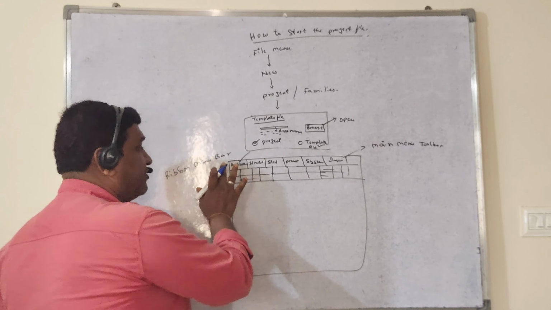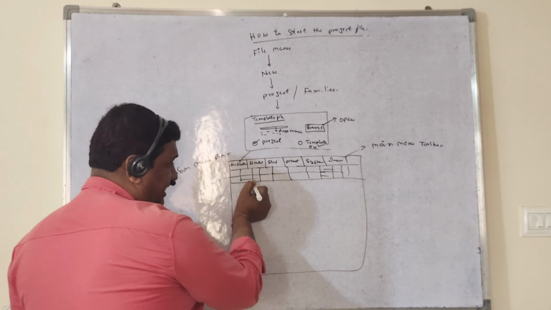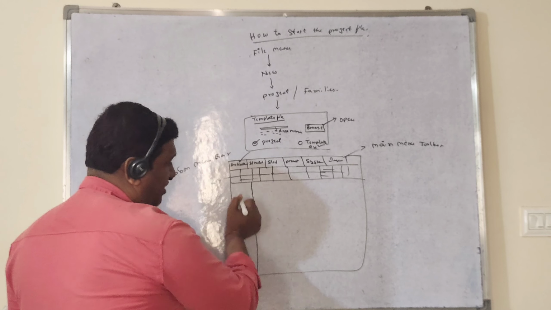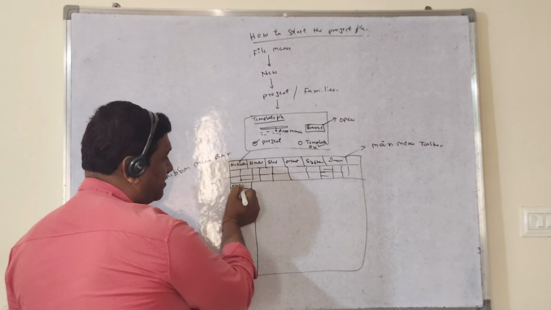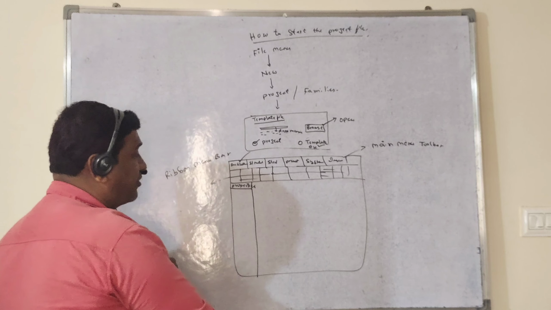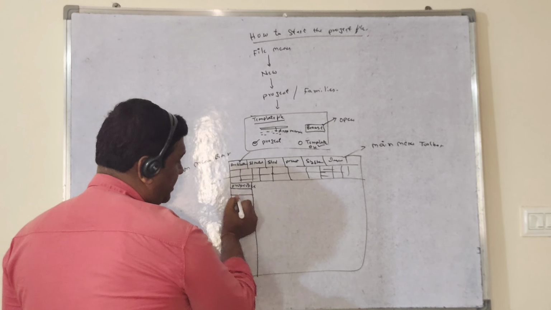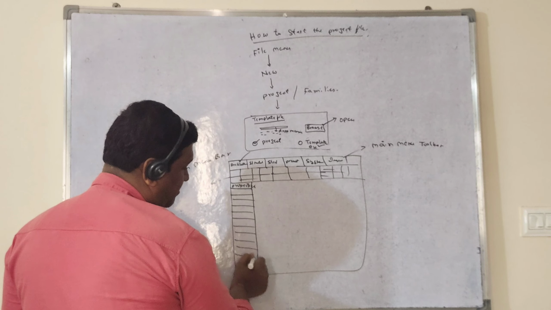Okay, so the menu bar and the ribbon menu bar, these are two. And on the right side you will find one toolbar, which is the properties toolbar. In the properties toolbar, your project's properties will be visible. Properties is nothing but information.